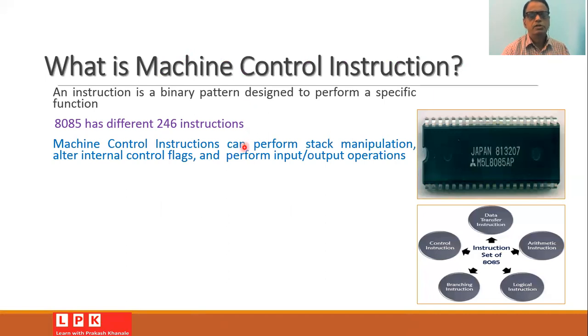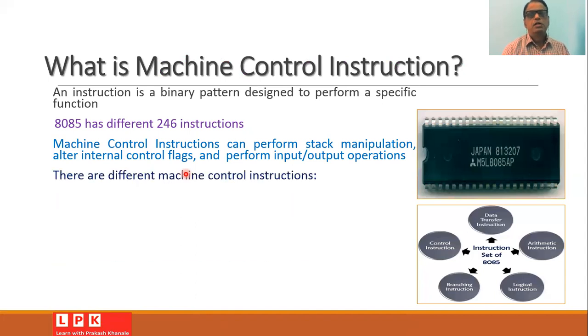Machine control instructions are the specific instructions that can perform tasks such as stack memory manipulation. They can also alter the internal control flags, and they are used to read input data or to write into the output port.